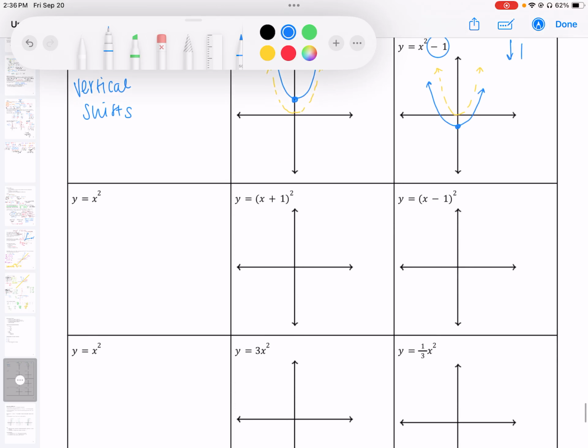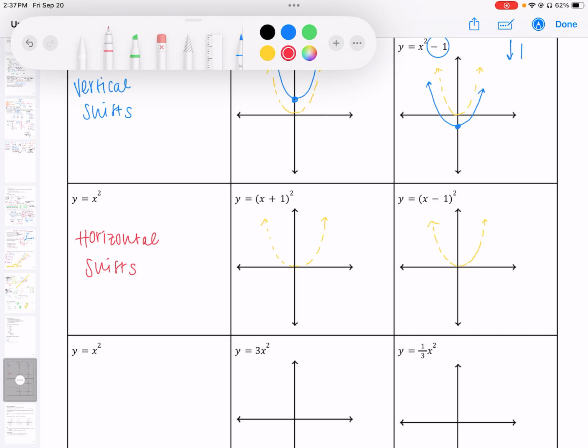In our second transformation, we are going to work with horizontal shifts. As usual, I'm going to go ahead and draw my original. It looks like that.